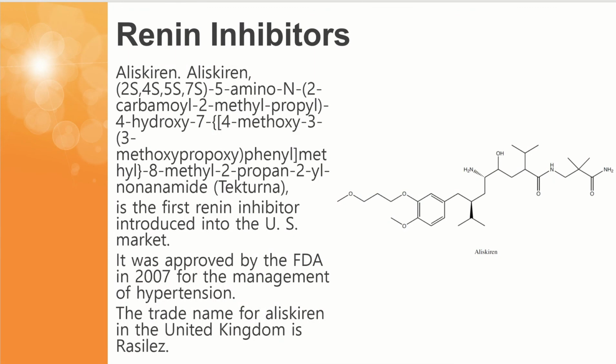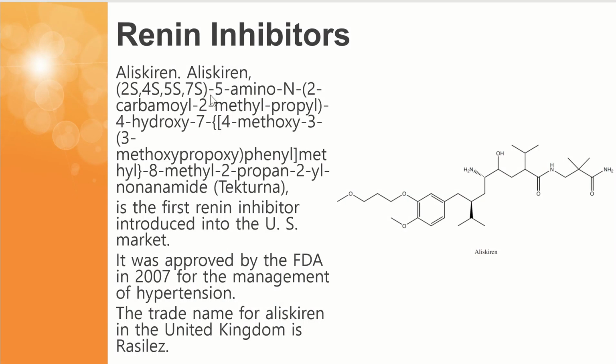So we have an example here of a renin inhibitor, which is Aliskiren, and as usual we have our trade name in brackets, Tekturna, and we have our chemical name here, which is clearly very lengthy. So Aliskiren is the first renin inhibitor introduced into the US market.